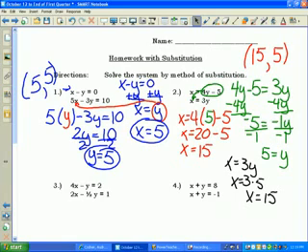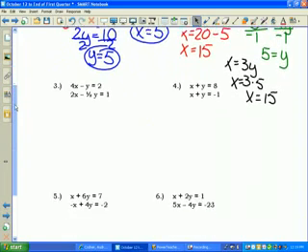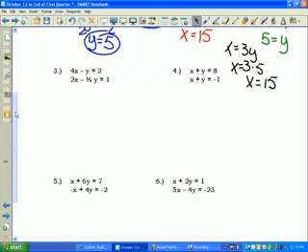So number 3. For number 3, I want to solve for either x or for y. In this situation, I won't mind solving this first equation, and it could be the second equation. But I know for sure, as soon as you saw that fraction, you probably said to yourself, I'm not going to do that.